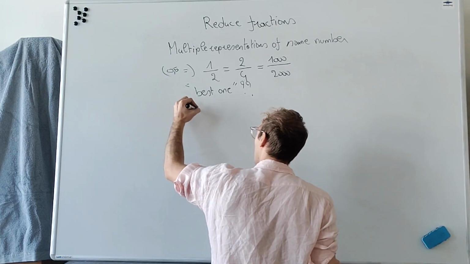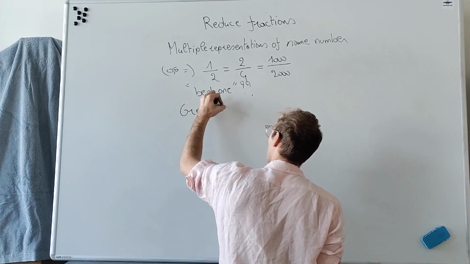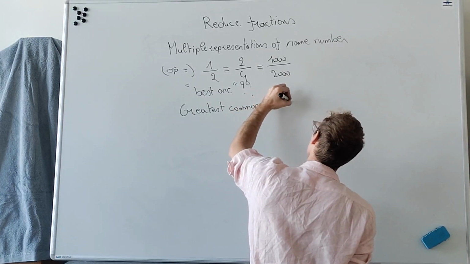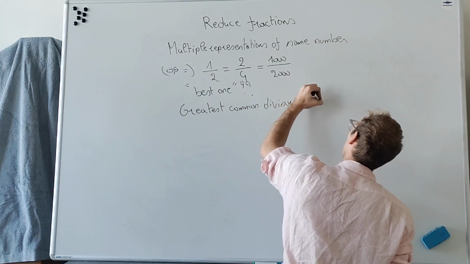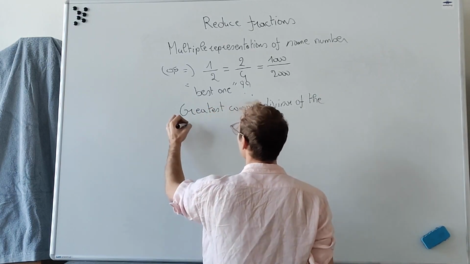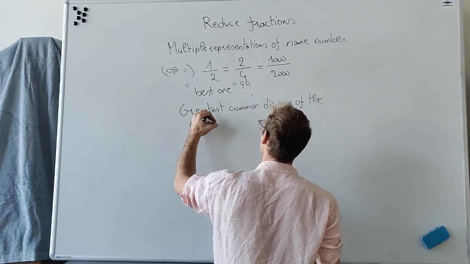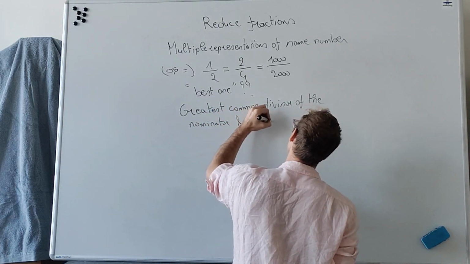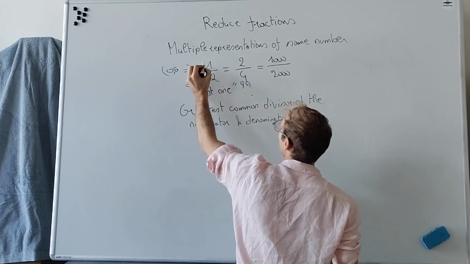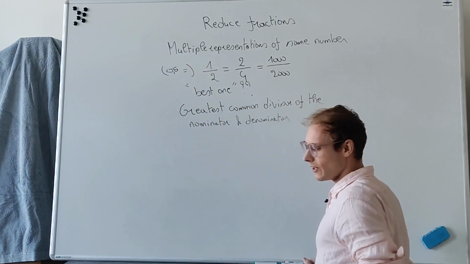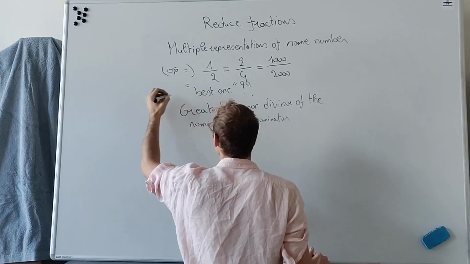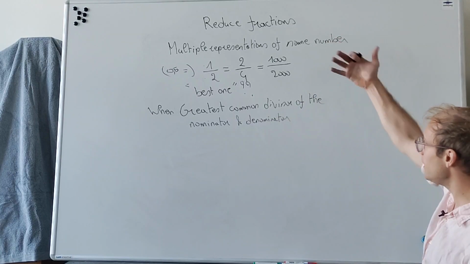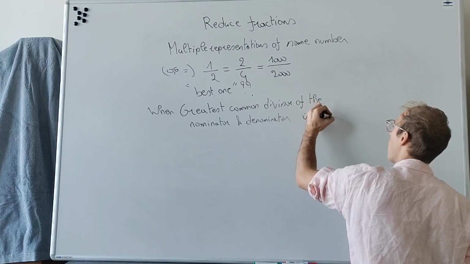For this we need to calculate the greatest common divisor of the numerator and the denominator, the number above the line and below the line. The best representation is the one where the greatest common divisor of numerator and denominator equals 1.